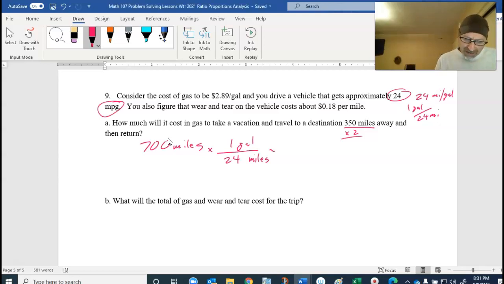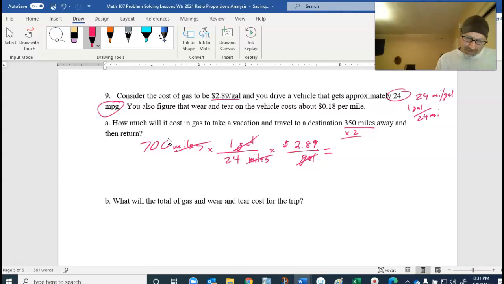At the same time, we can put in dollars. Now that'll get rid of miles and give us gallons. At the same time, we can put in this $2.89 per gallon, puts it over gallons, and that gives us the conversion. We had miles, this converts miles to gallons, and this converts gallons to dollars.